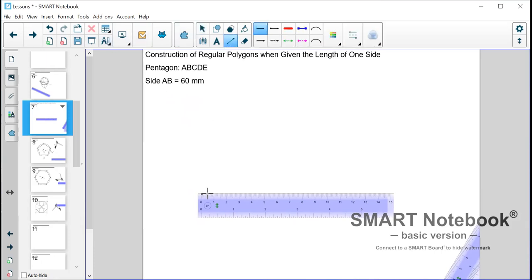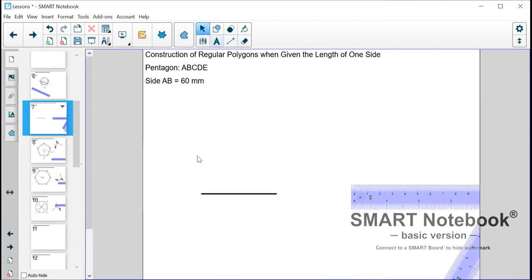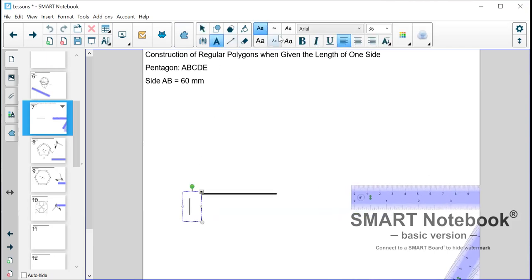We'll draw that side using the length of 60 mm, and of course, we need to label. We label A and B.